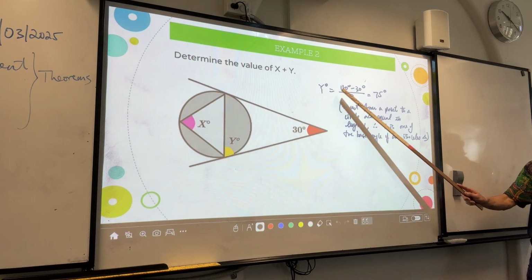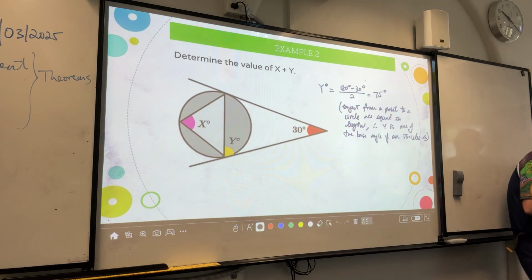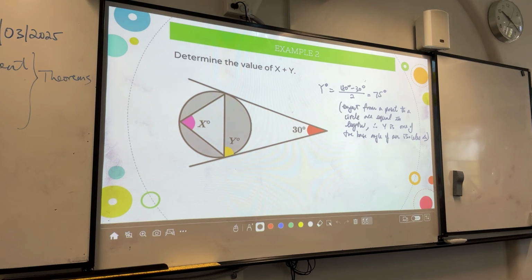So y is 180 minus 30 divided by 2, which is 75. And then since x equals y, there's 75 plus 75, 150 degrees, which is x plus y. You all get the idea and know what to do. It's just the logical steps.